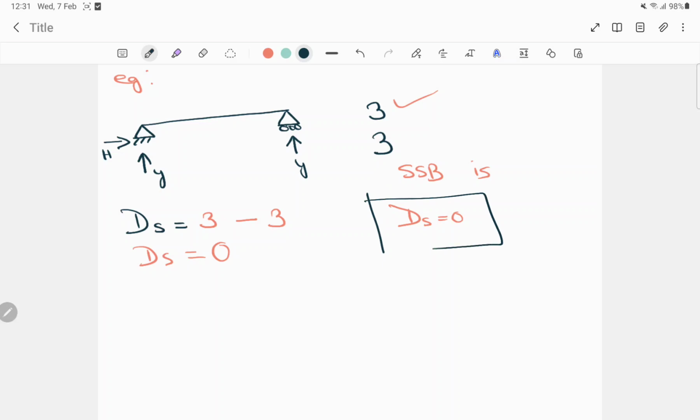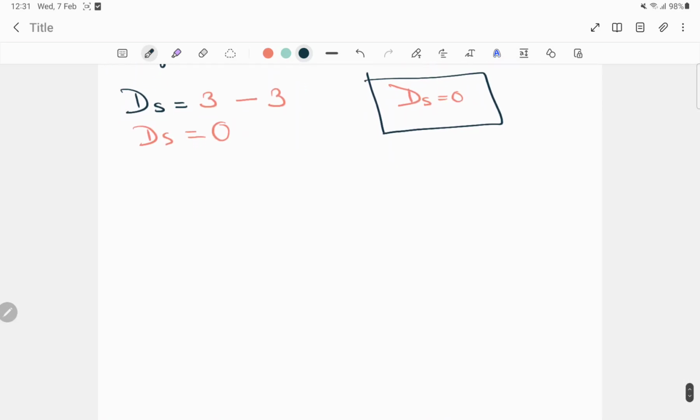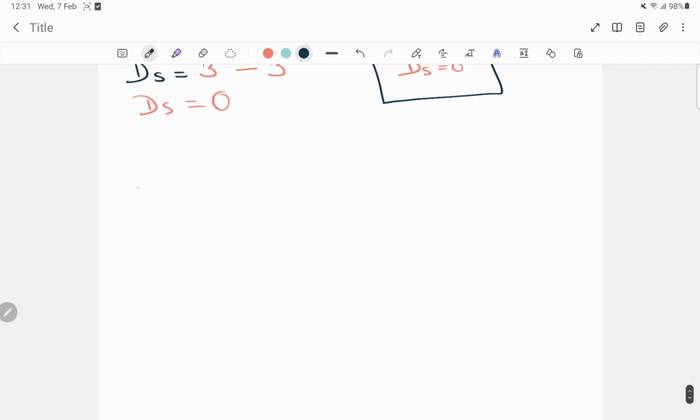Now I'll take another example, a fixed beam. For a fixed support, there will be 3 unknown reactions on this side: vertical, horizontal along with the moment, and from the other side also vertical, horizontal along with the moment.